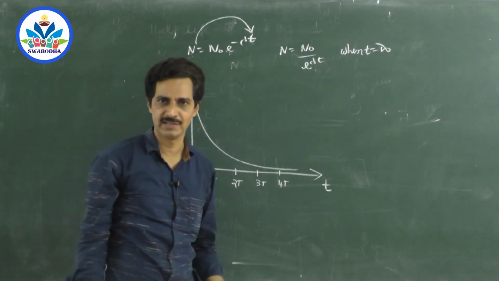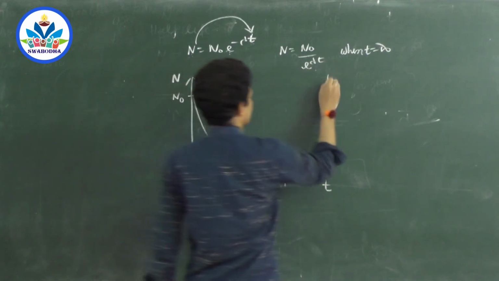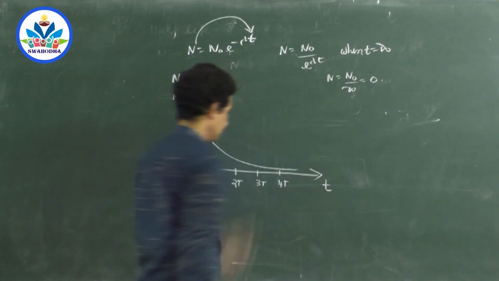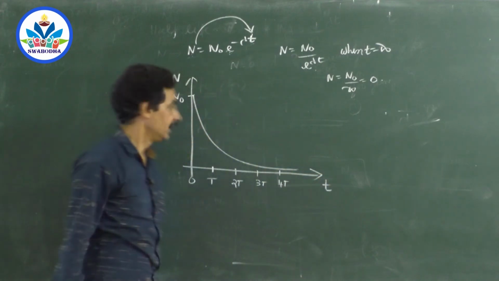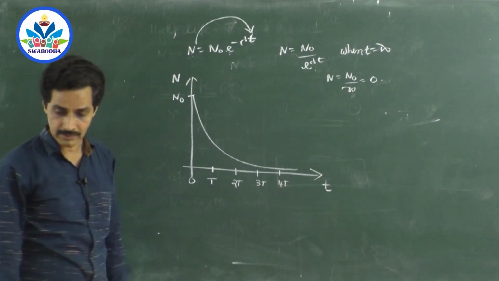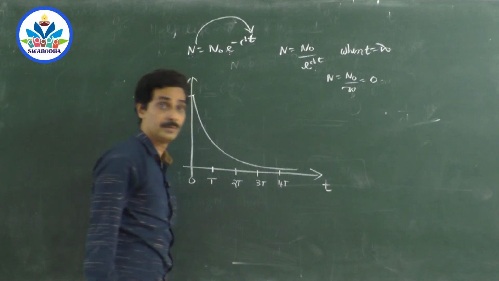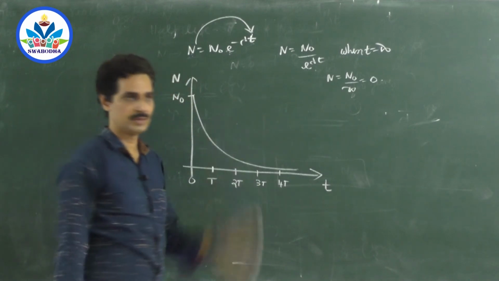Anything to the power infinity is infinity, correct? If e to the power infinity is infinity, what is N? N naught by infinity, that is equal to 0. That means this curve should keep on becoming parallel to the time axis. It shouldn't become 0 anywhere. So the activity of a sample becomes 0 only after infinite time. So it continues up to infinite time.